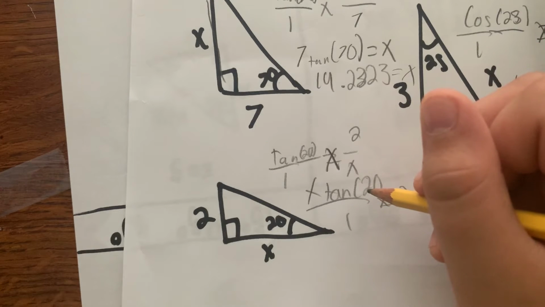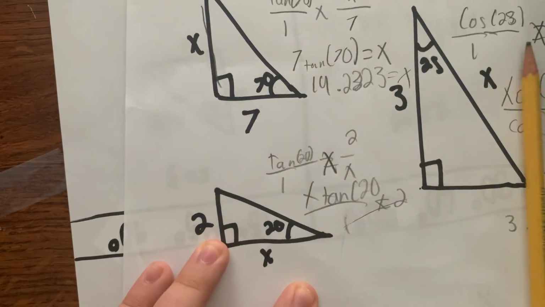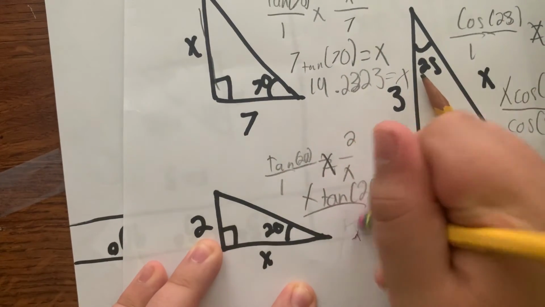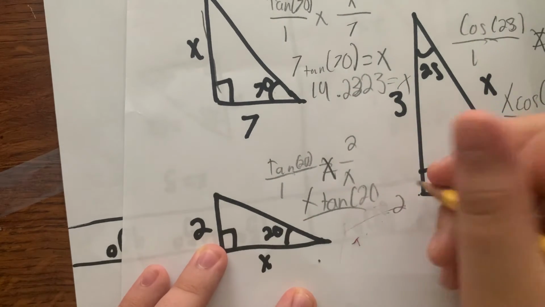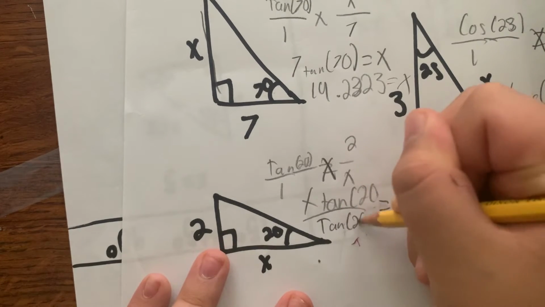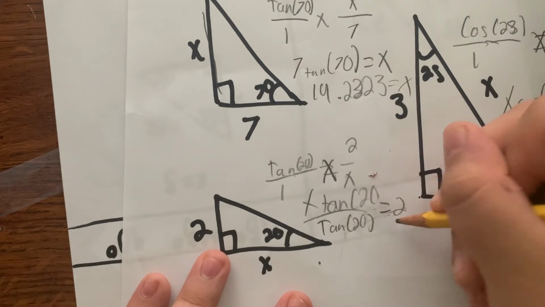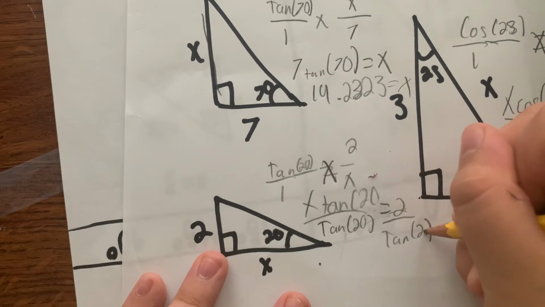So, what did I do here? Oh, you're going to get rid of this. Okay, so now you're going to want to divide by your tangent of theta. So with 2 over tan of theta.